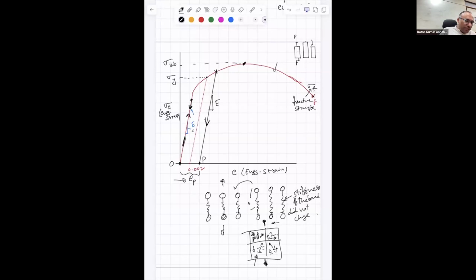And carefully observe, when it is loaded up to this point A and then unloaded, it went to point P on this graph, having a plastic strain of some value.